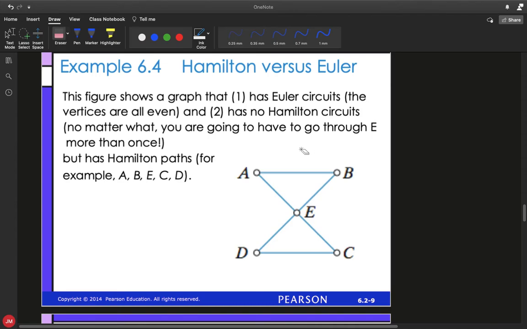But it does not have any Hamilton circuits, because what's going to happen is from A to B to E to C to D, we've already used E once, so we can't go from D back to E and up to A, and there is no path or edge going from D up to A. In fact, no matter where you start, because E, you have to go through it more than once, there are no Hamilton circuits. However, there is a Hamilton path, and that's what I just gave to you, A to B to E to C to D, because you're starting at A, ending at D, and you've gone through each of the vertices just once.